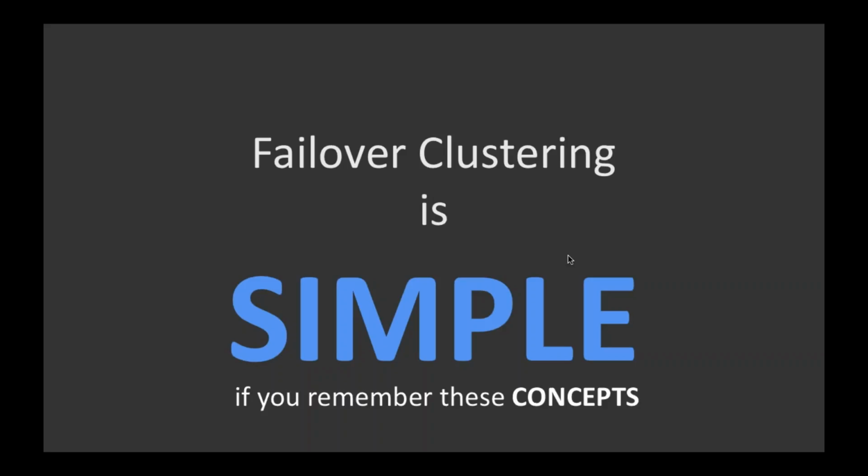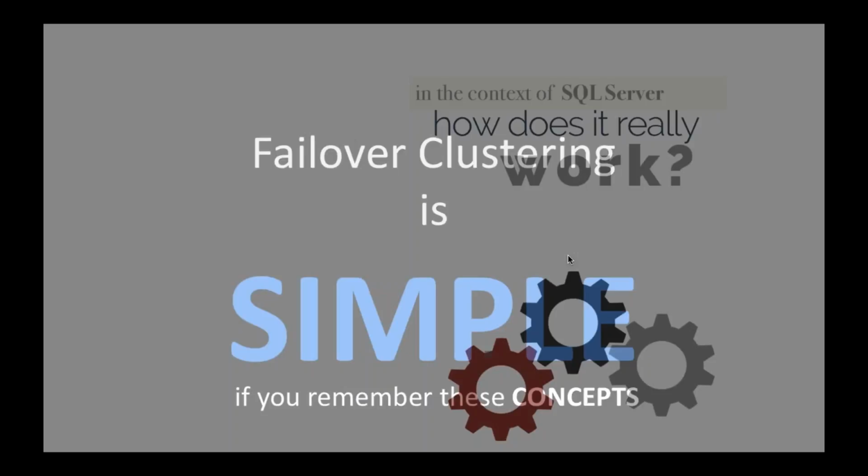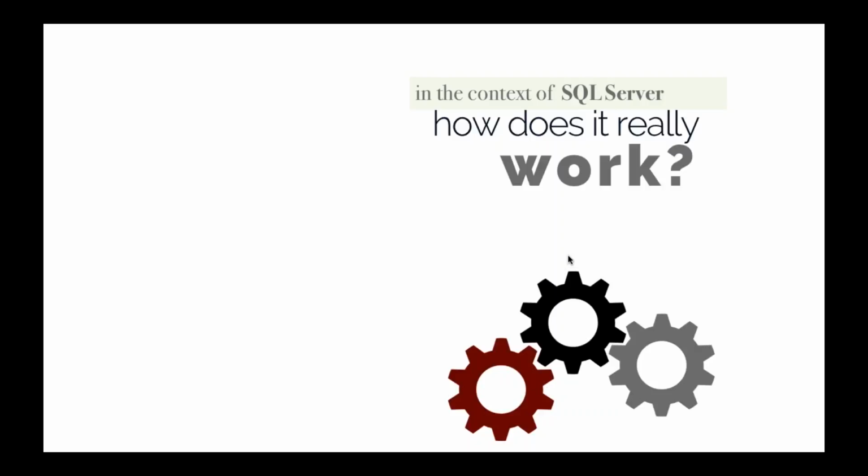The first concept to understand how SQL Server works together with Windows Server Failover Clustering, and how SQL Server runs on top of it, is what I call the traffic light. Everybody who drives probably knows, or must know, how the traffic light works.